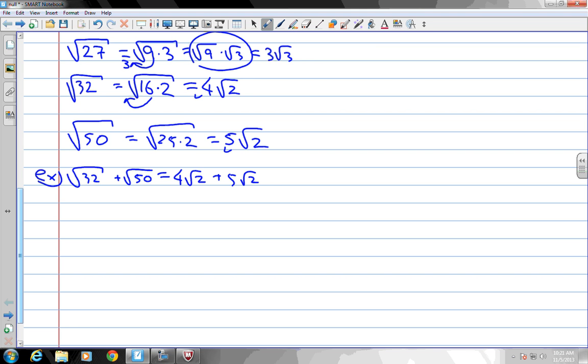Because now it becomes just like combining like terms. You have 4 monkeys plus 5 monkeys. I'm just calling square root of 2 a monkey in this case. So that's 9, right? Just like combining like terms, 4x plus 5x is 9x. So 4 roots 2 plus 5 roots 2 is 9 square roots of 2.